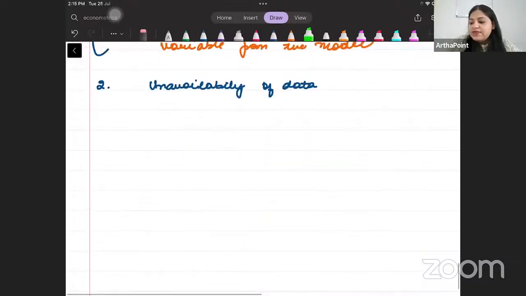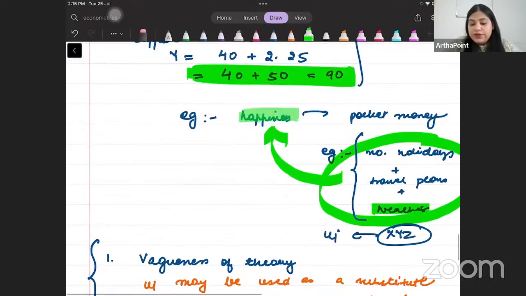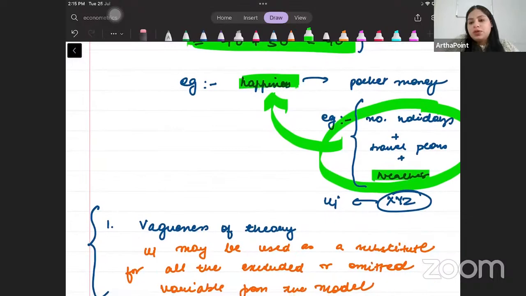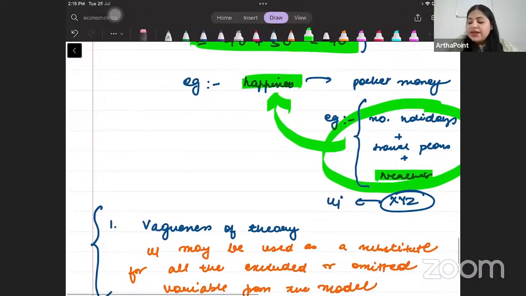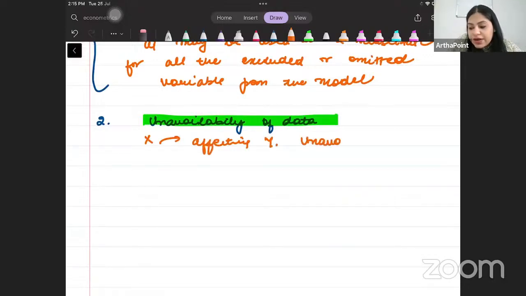I know that weather will affect my happiness, but I don't have data about weather. So I know that there is an X affecting Y, but there is unavailability of the data about X. So it will just go in the error term.